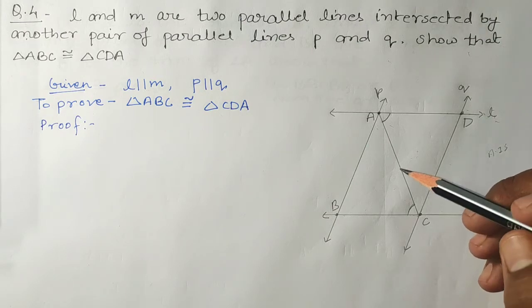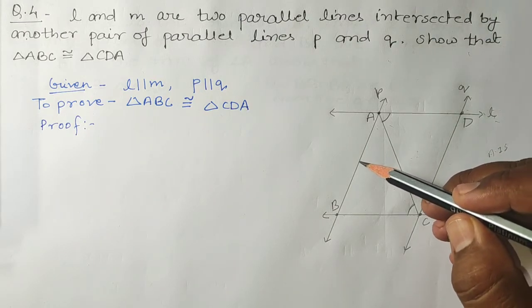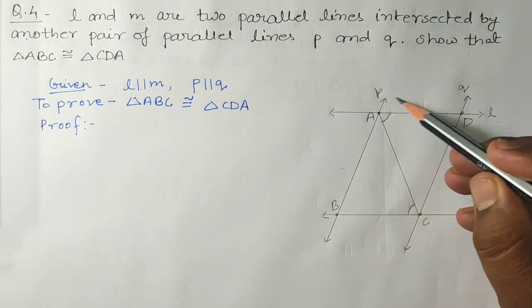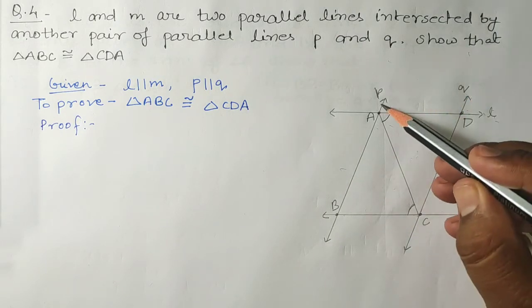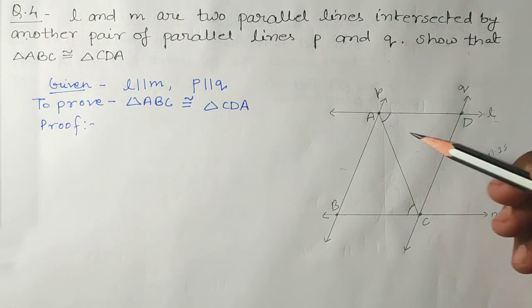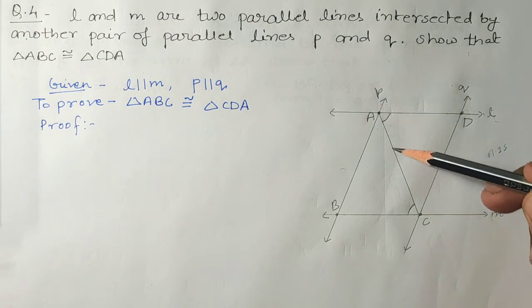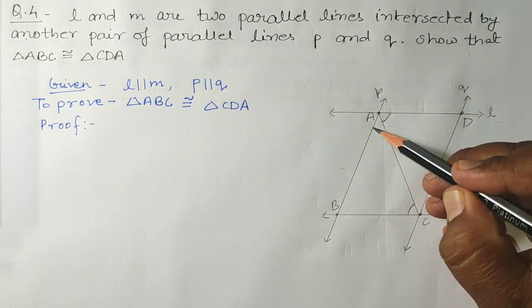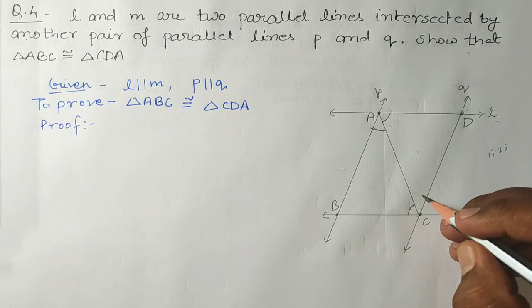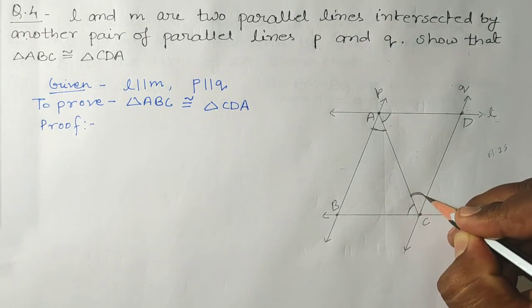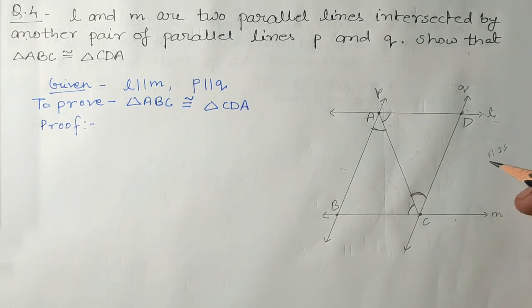What else can we show? For the two lines P and Q, it is given that P and Q are parallel, so this will be the transversal, and this angle will be equal to this angle, because of the same reason, alternate interior angles.